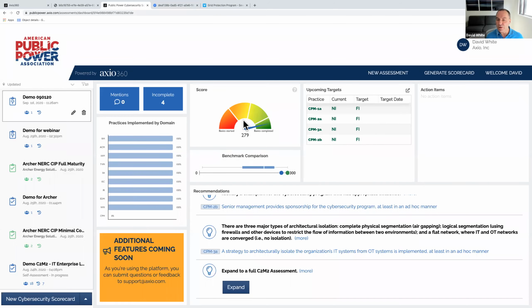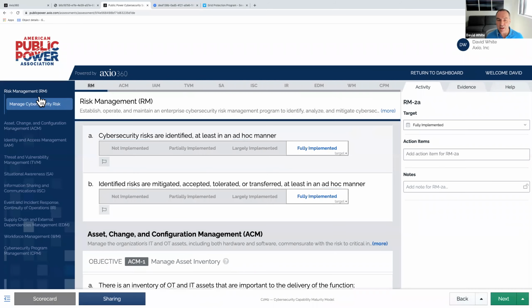If your score is 150, then you should probably spend some time with these basic practices and get some of those foundations in place before you expand to the full C2M2, right? The full C2M2 is 312 practices. So we've covered 51 of the 312 by answering the scorecard. You can do a full improvement campaign.